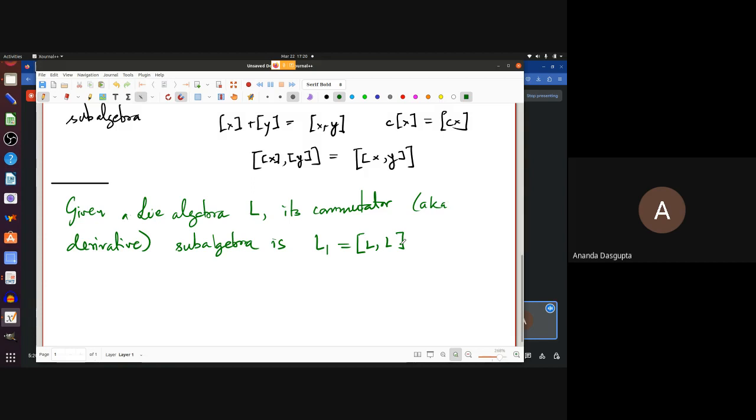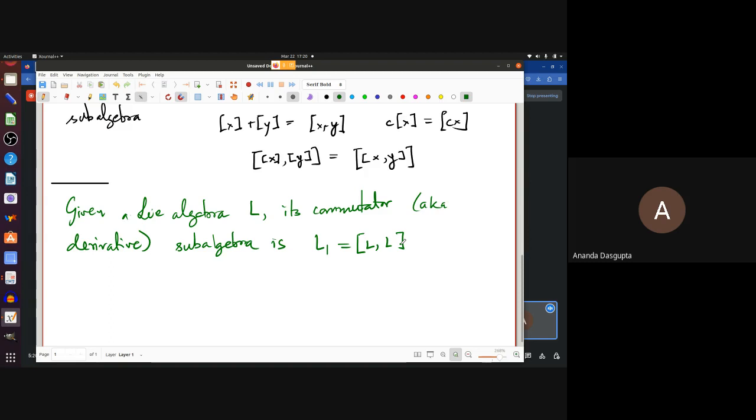Now, when we were talking of two arbitrary subsets A and B, then why did we not stop just at saying take all possible commutators, but ended up saying take all possible commutators and then take all possible linear combinations? You should think about why we had to do that.